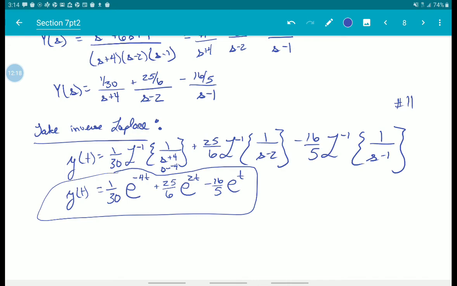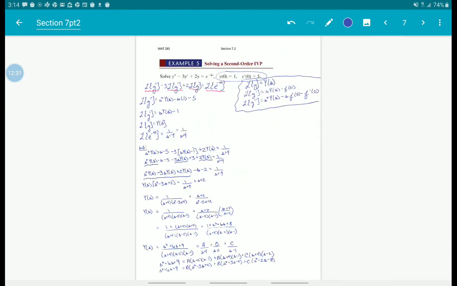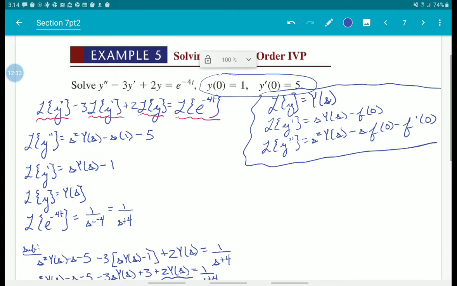In some ways, I think Laplace transforms may be a little easier than trying to solve something using a different technique. Let's look at this one and see what would be another possible approach. So since we had constant coefficients on the left, we could come up with the complementary solution.